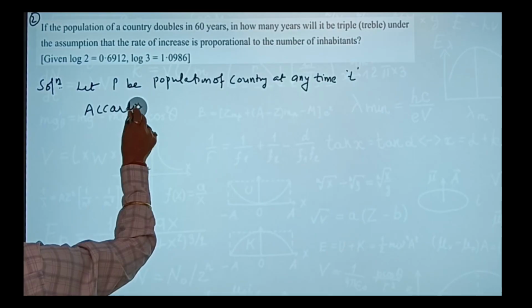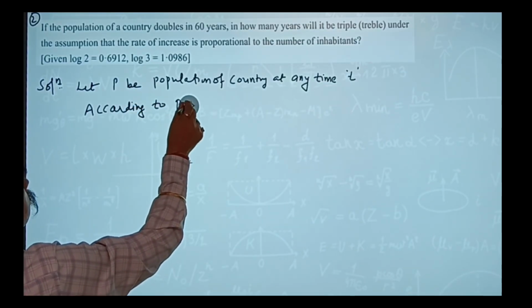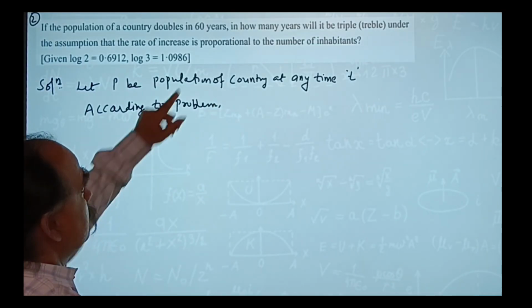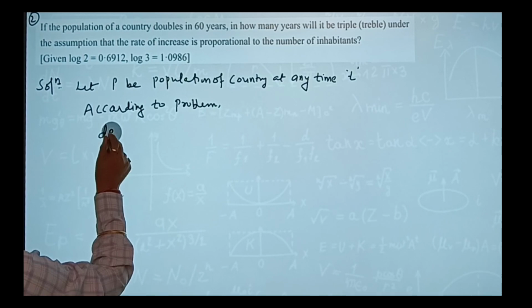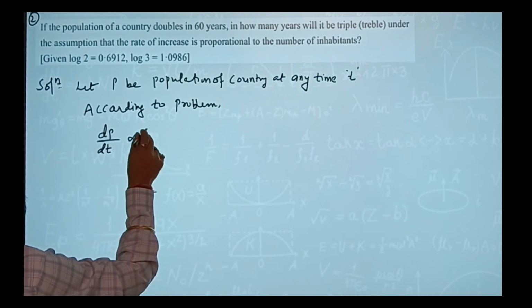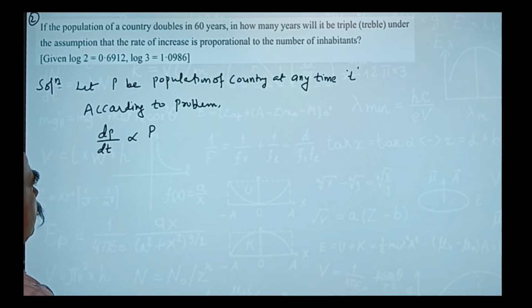According to problem, rate of change of population, that is dp by dt, is proportional to number of inhabitants, that is population.